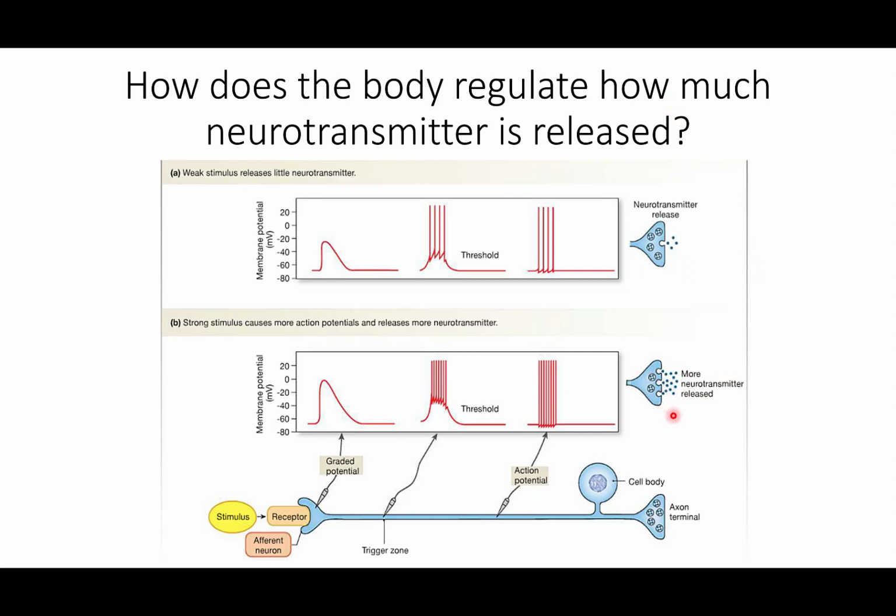So you can think about it like an action potential being a tap of your finger, right? For each tap, X amount of neurotransmitters is going to be released. So if you tap more, you're going to release more neurotransmitters out. I like to think of it kind of like old school video games where if you push the B button, that fires your gun, and you get one shot.